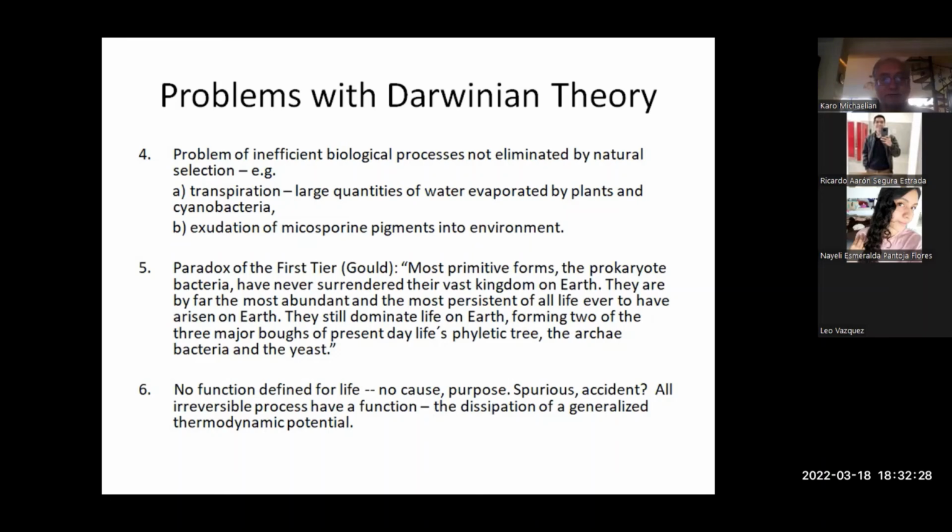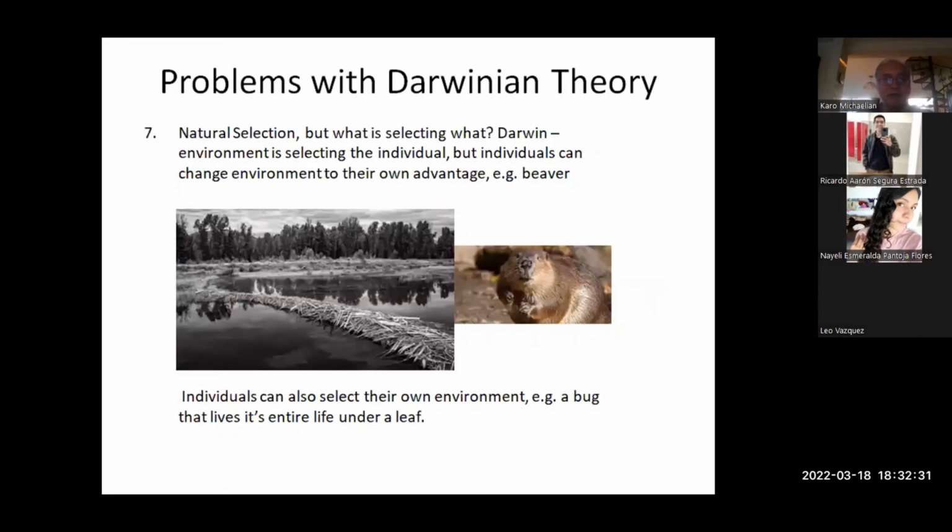Okay, so another problem with Darwinian theory is natural selection. But what is selecting what? Darwin stated that the environment is selecting the individual. But we know also that individuals can change their environment to their own advantage.